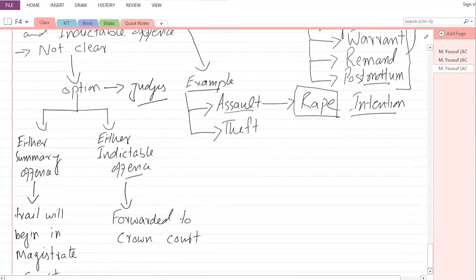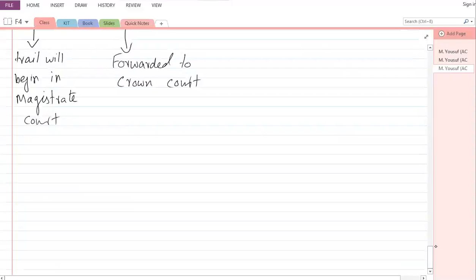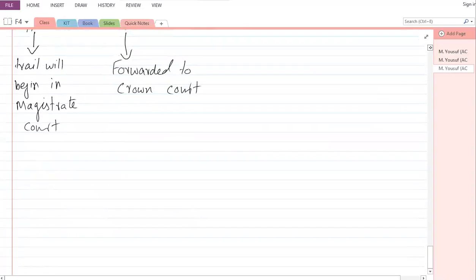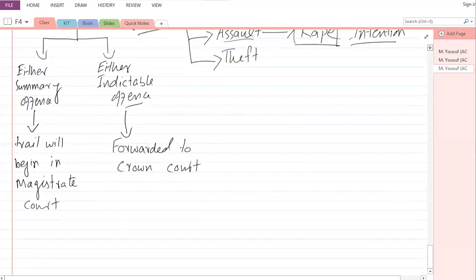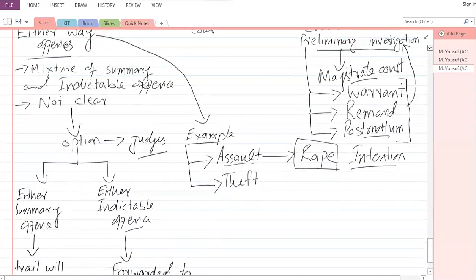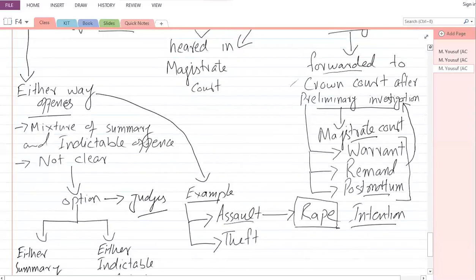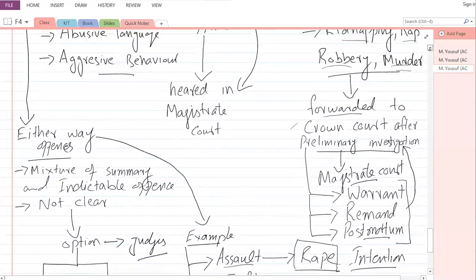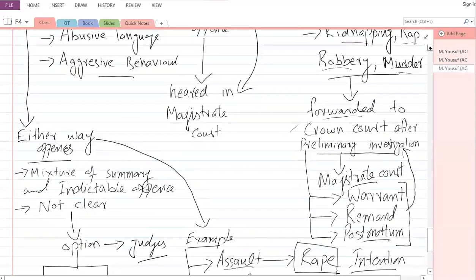So this is the criminal jurisdiction of the magistrate court. Now we are clear that summary offences, the minor offences, are within the criminal jurisdiction of magistrate court, but indictable offences are outside the criminal jurisdiction of magistrate court. They are heard by the Crown Court, and the same rule applies to either way offences.